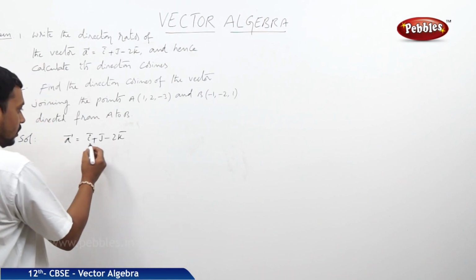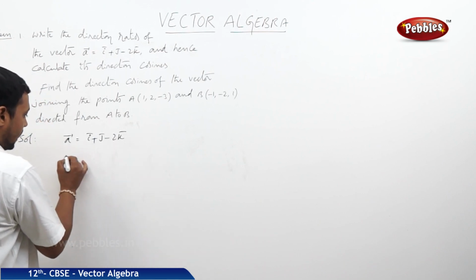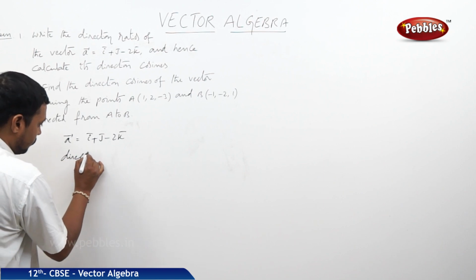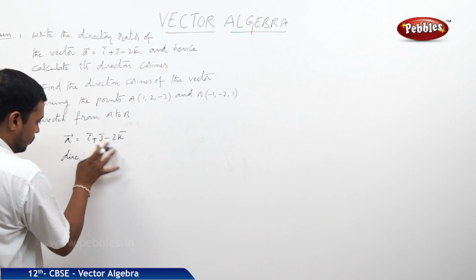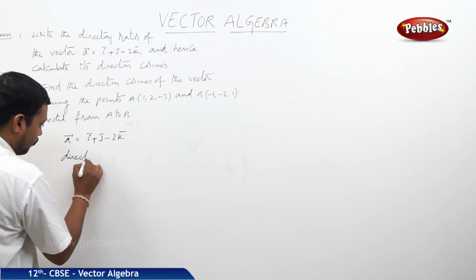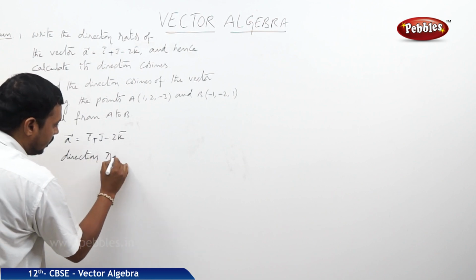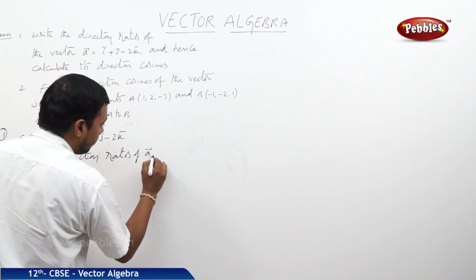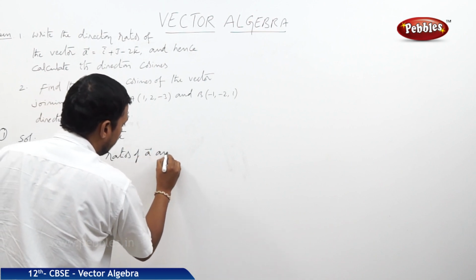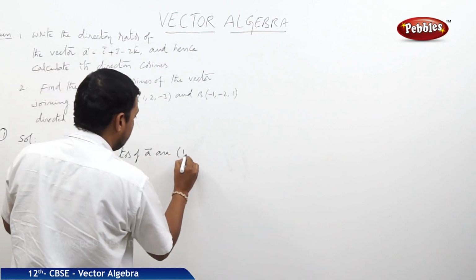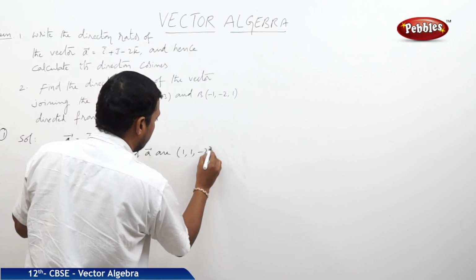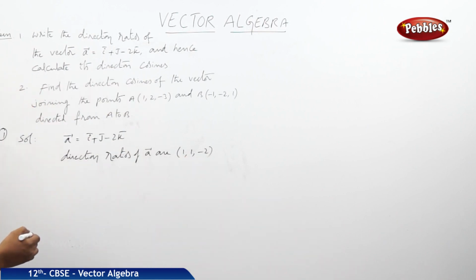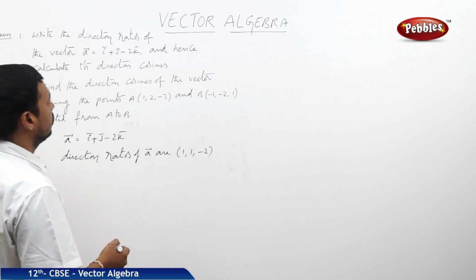Now here the direction ratios of this vector a bar are 1 comma 1 comma minus 2. Now these are the direction ratios.